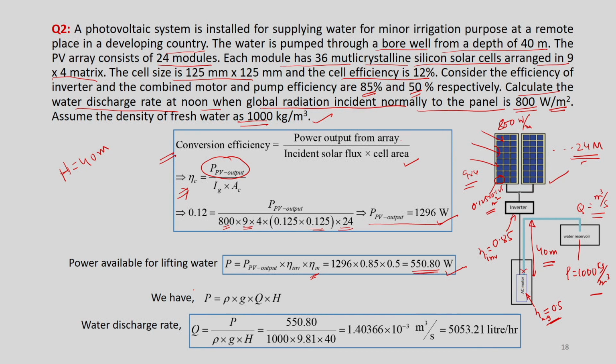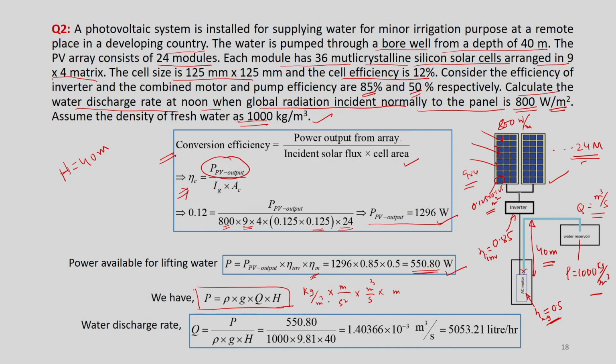Also, we know the power required to lift water is P equals rho g Q H. Rho is the density of water in kg per cubic meter, then g is the acceleration due to gravity in meter per second square, Q is in meter cube per second, and head H is in meter.